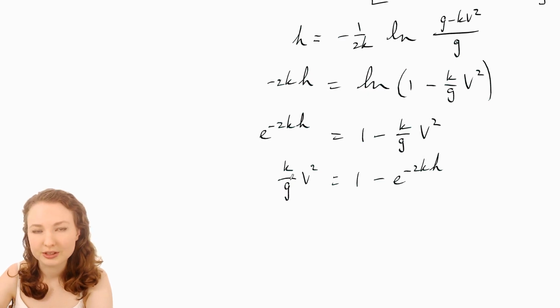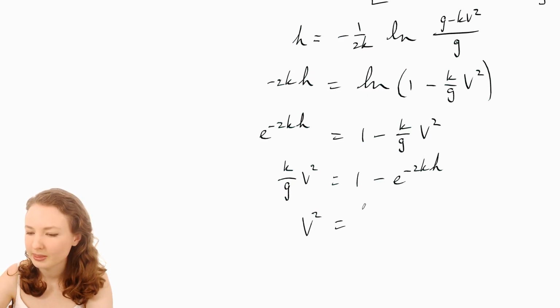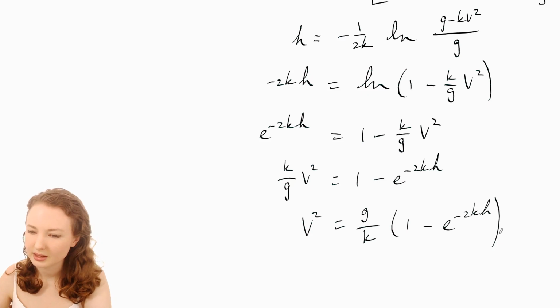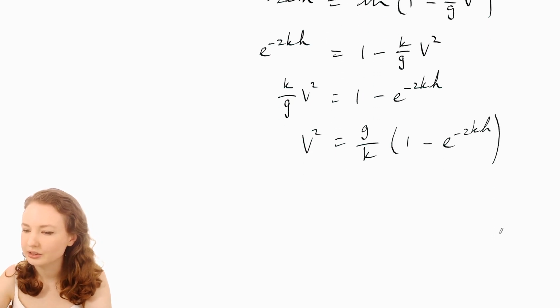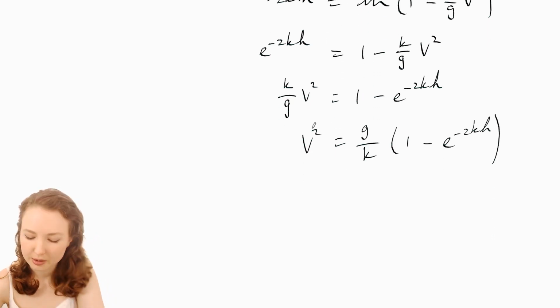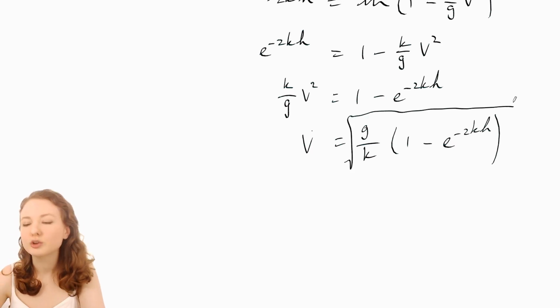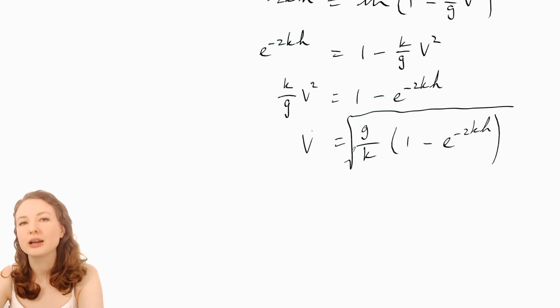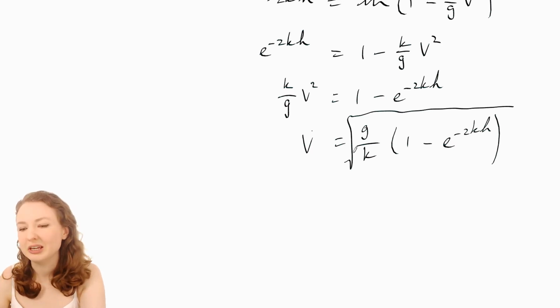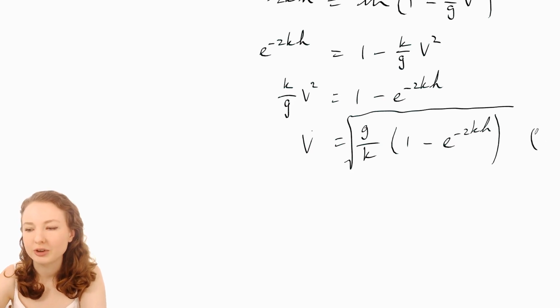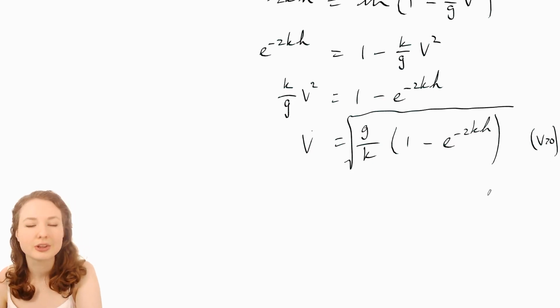And then we can shift this over. And then you can square root both sides. So let me just get rid of that and write the square root there. Now normally you would have plus or minus, but because they asked for the speed, v is going to be positive, so you could justify that by saying v greater than 0. So that's it for that one.